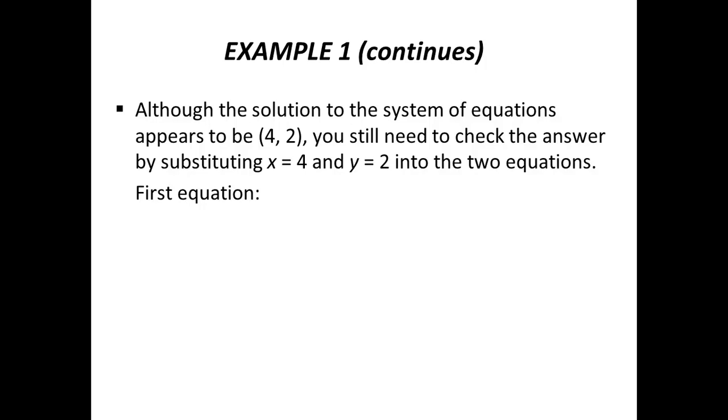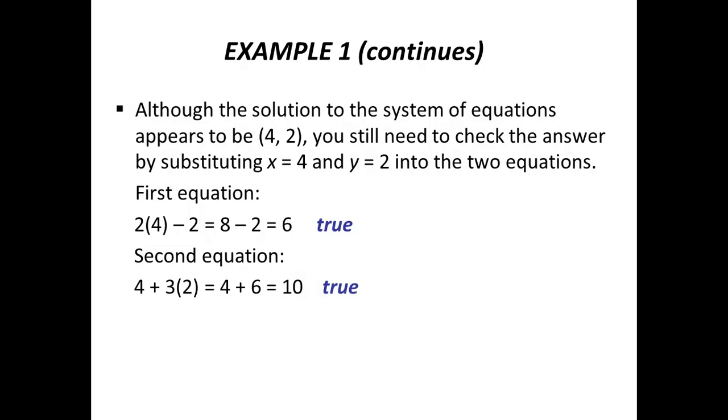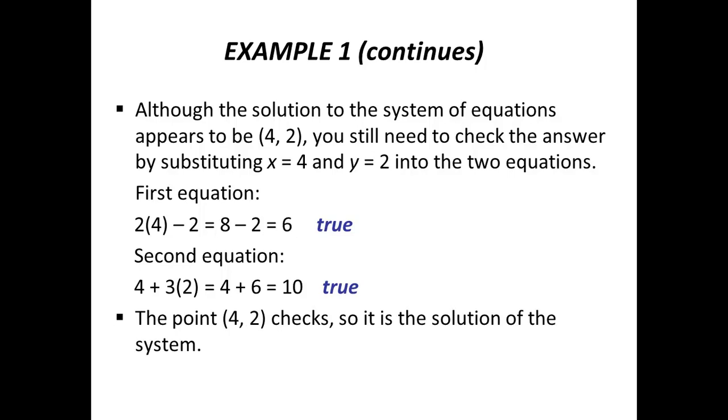Substituting x equals 4 and y equals 2 into the first equation yields a true statement, and substituting the point (4, 2) into the second equation also yields a true equation. Therefore, the point (4, 2) checks, so it is in fact a solution to the system.